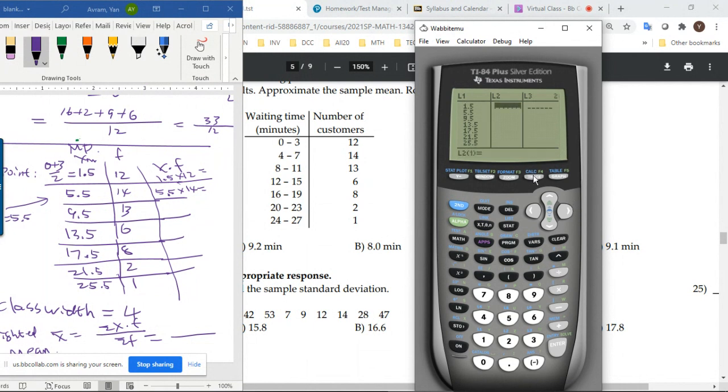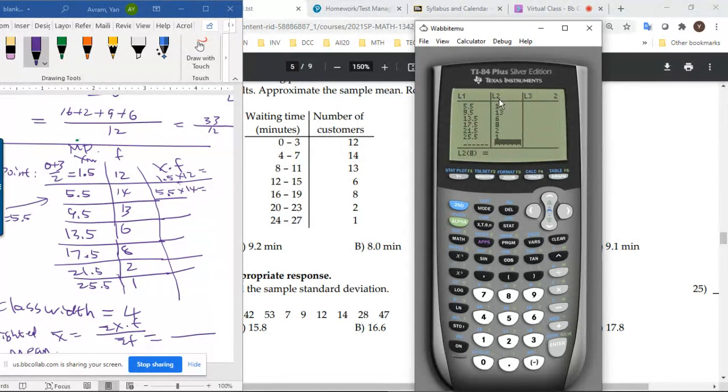Okay, and then I come back here to input my L2. My frequency here is 12, 14, 13, 6, 8, 2, and 1. Make sure your L1 and L2 are matched. Okay.